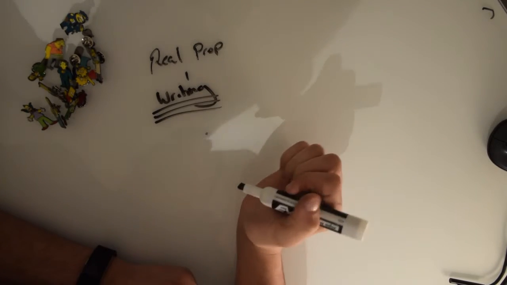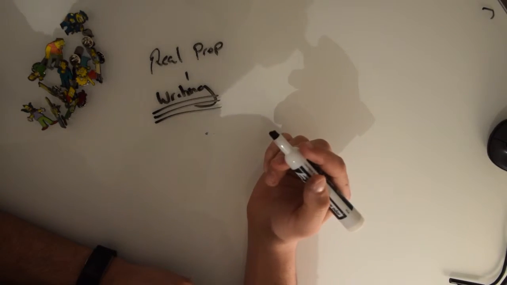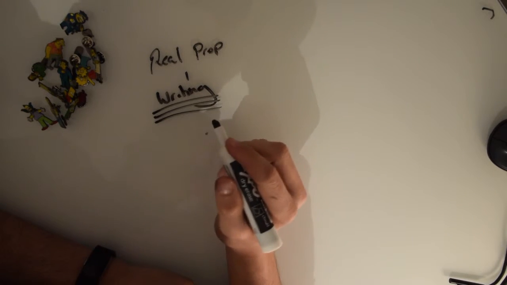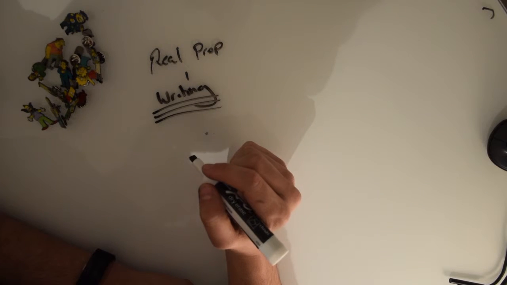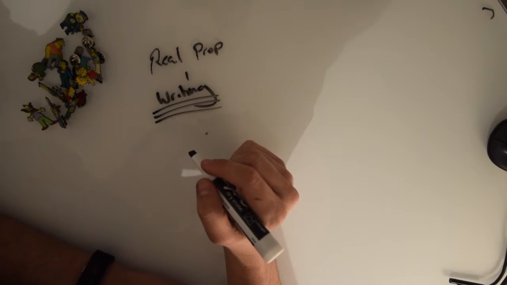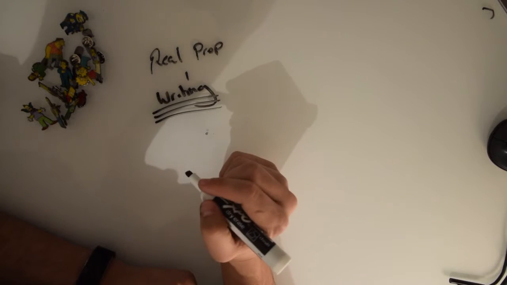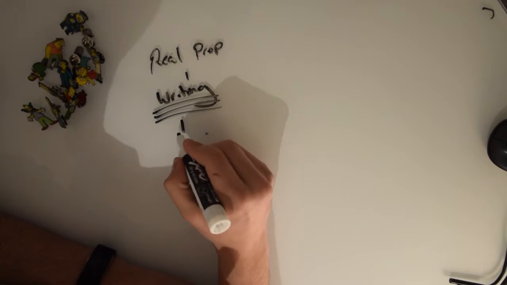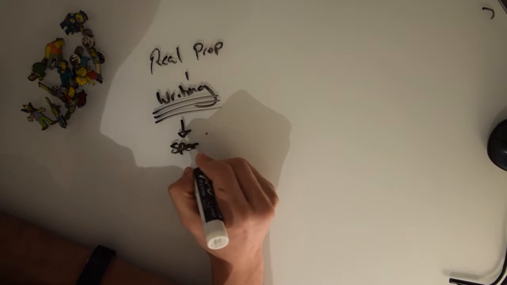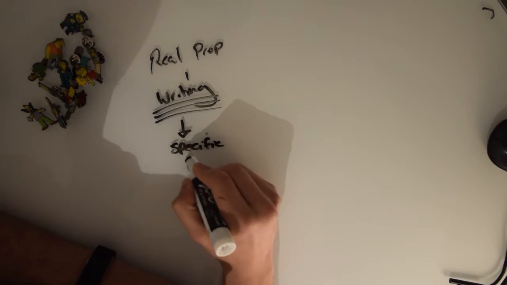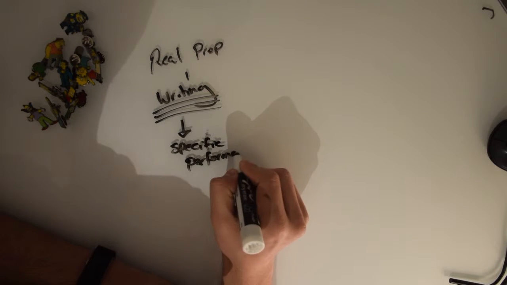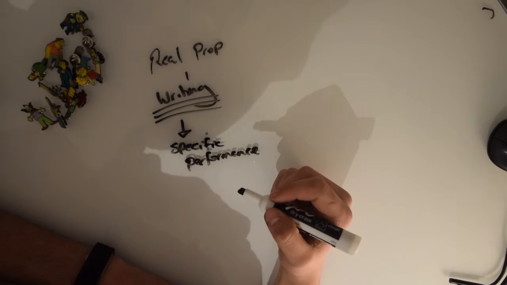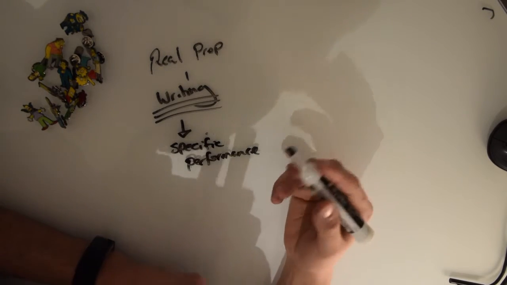Going forward in my videos that will be coming soon, the agreement in writing is quite paramount to real property law. The effect of the requirement of writing is that a remedy is specific performance. The remedy of specific performance is available for a contract of real property.